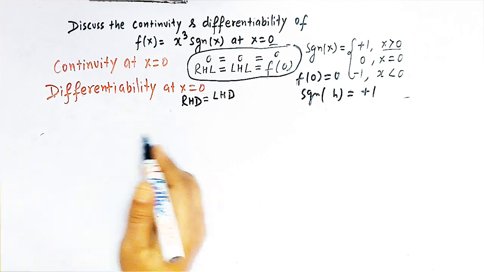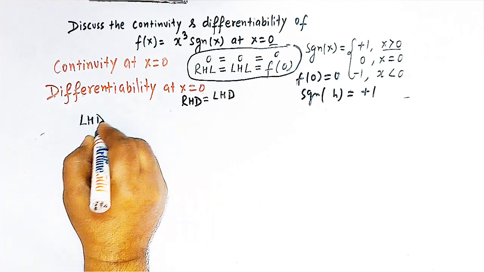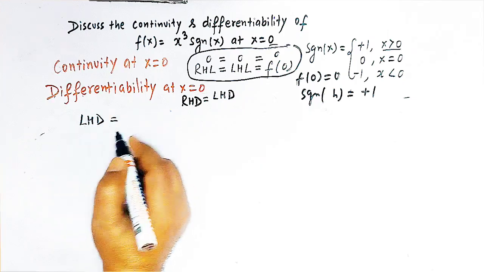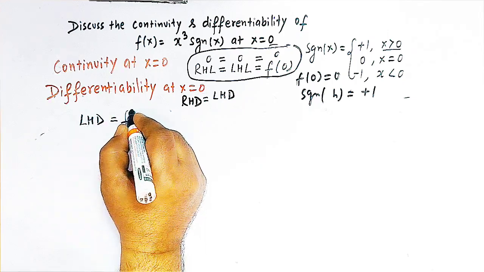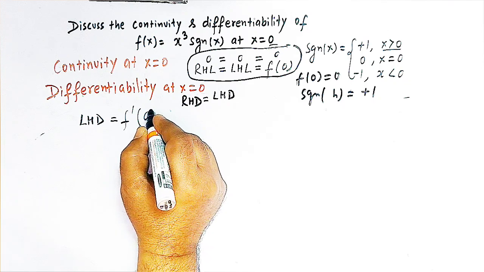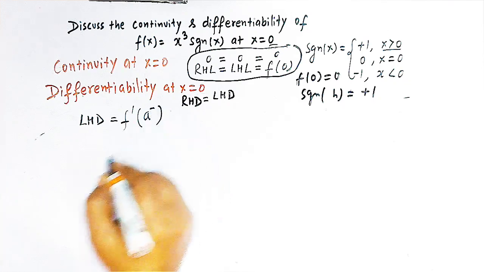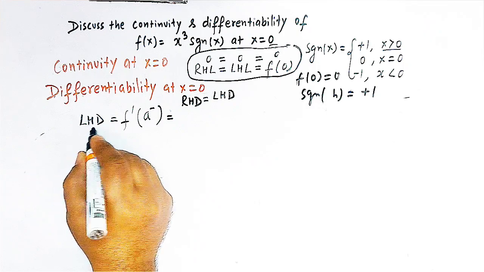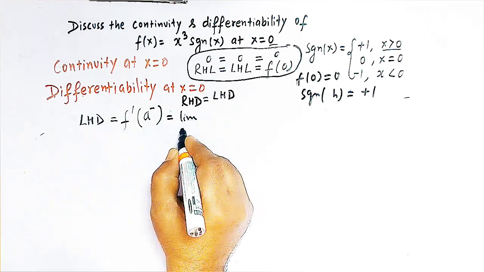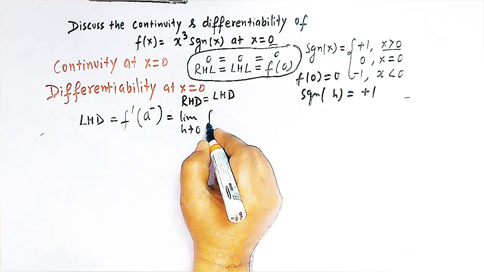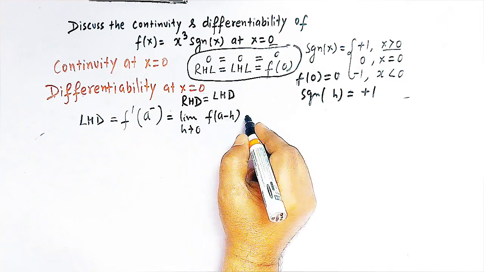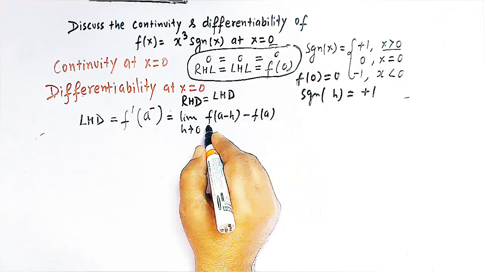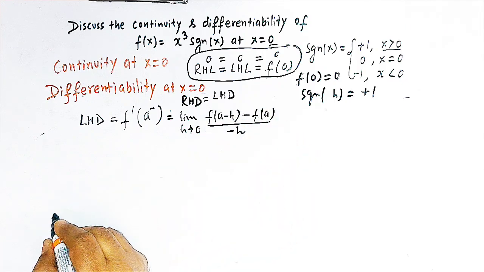So now let us find out the left hand derivative. The notation for left hand derivative is f prime of a, with a negative sign over a, and it is defined by this limit h tends to 0, f of a minus h minus f of a divided by minus h.